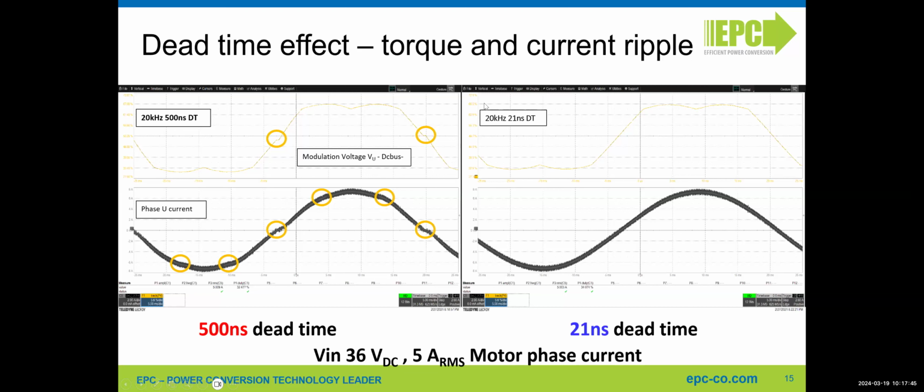With the same frequency, in this example a gallium nitride inverter but with a very small dead time, comparing 500 nanosecond versus 21 nanosecond, we get a very nice voltage shape applied to the motor, which results in a very nice low distortion sinusoid.